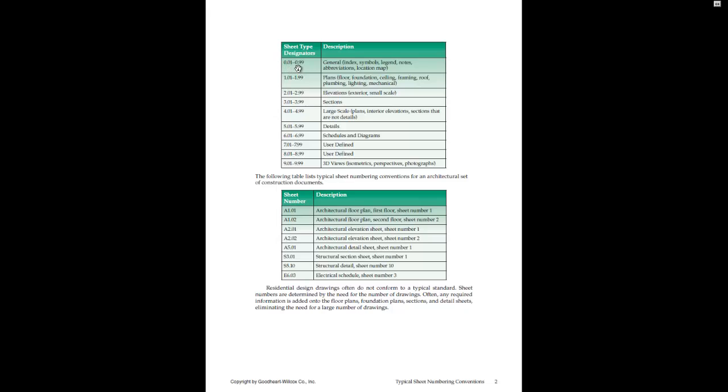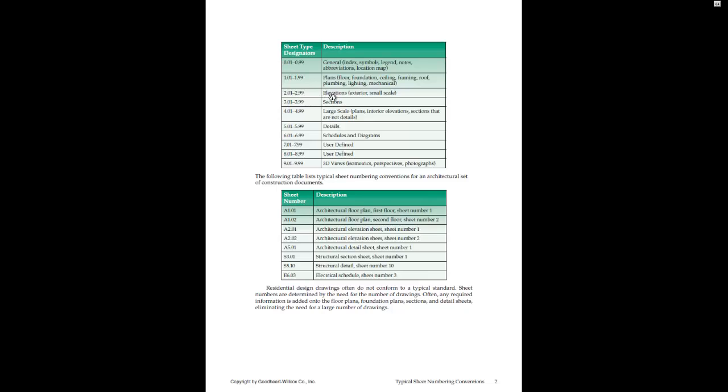Sheets 0.01 through 0.99 are your indexes, legends, notes, abbreviations, and maps. Anything 1.01 to 1.99 sheet numbering would be plans. So it might be a P1.01, which would be maybe a plumbing plan. If it's an A1.01, it would be an architectural plan.